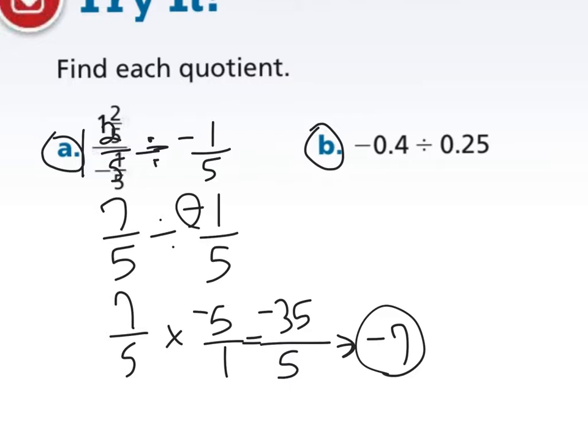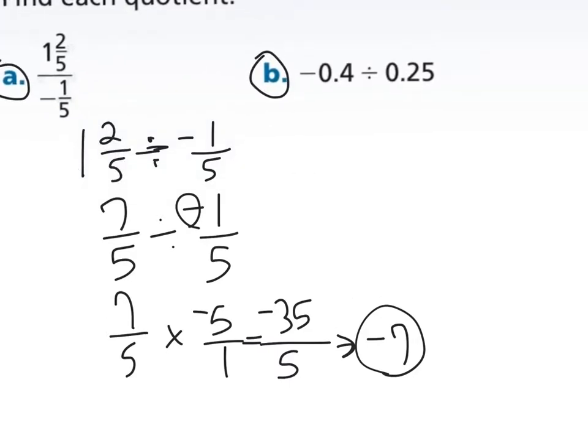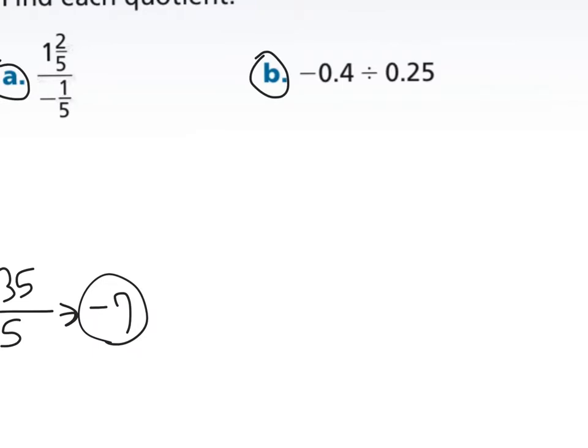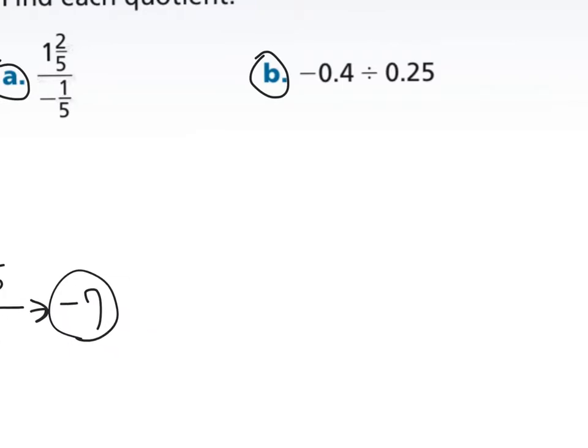Another option would be we could write it as a fraction. We could multiply the numerator and denominator to get rid of the decimals. Like I said, I'm just going to go ahead and write these as fractions. So just think about how we would read these decimals correctly.